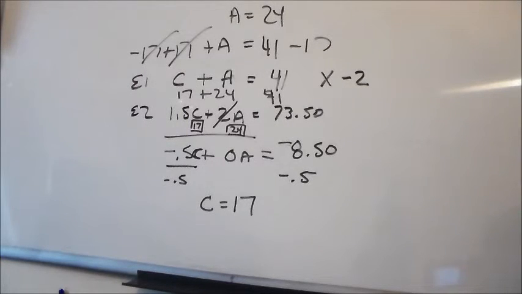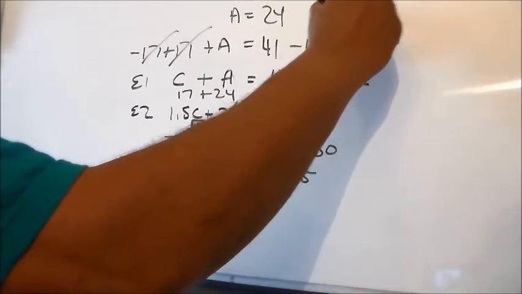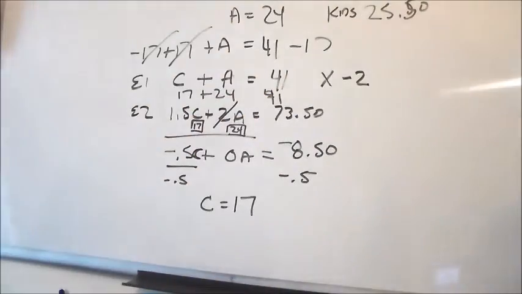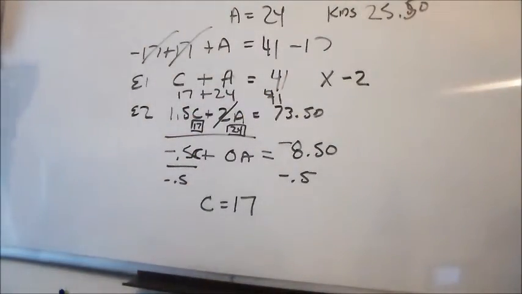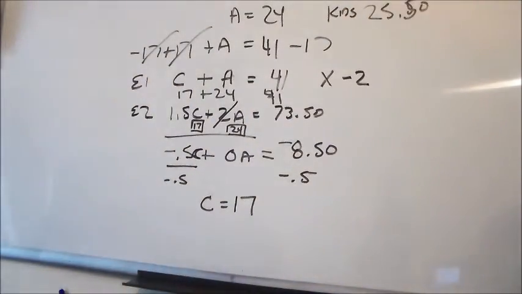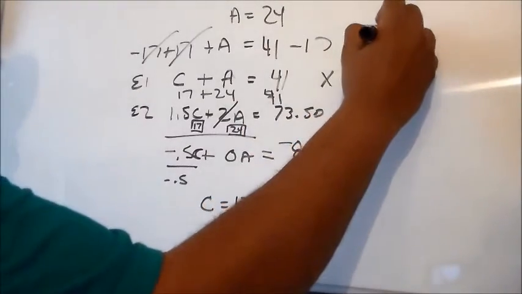So we had 17 children's tickets at $1.50, and that revenue was $25.50.